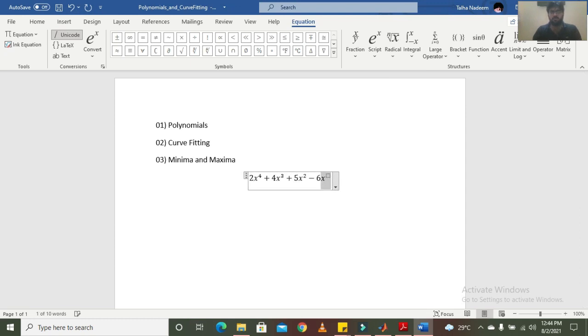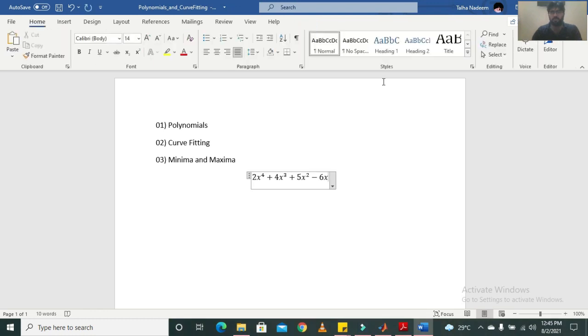I'm sure we don't have to write 1. Then let's say we have a constant 10. So this is my function, this is my polynomial, and I want to write down this polynomial in MATLAB.